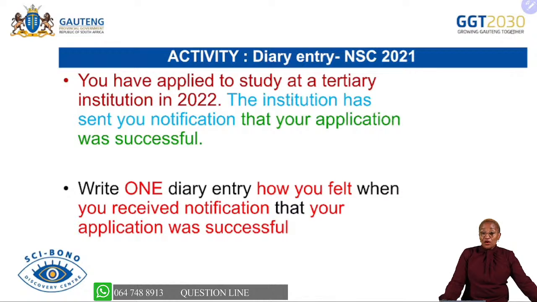How many entries are you supposed to write there? 1 diary entry. And what are you expected to do? We are expected to write how you felt when you received notification that your application was successful. Remember, your feelings might be negative.